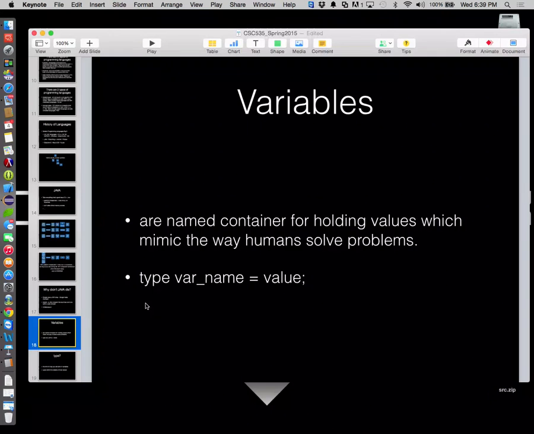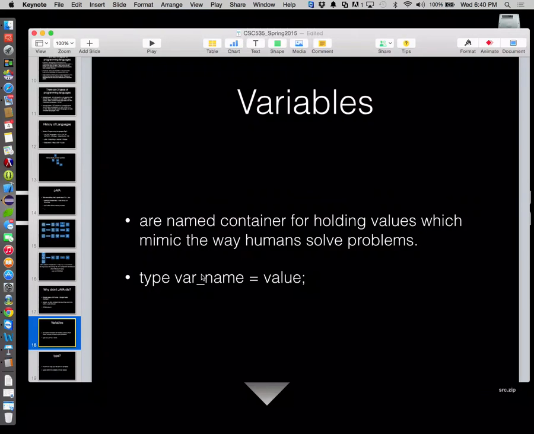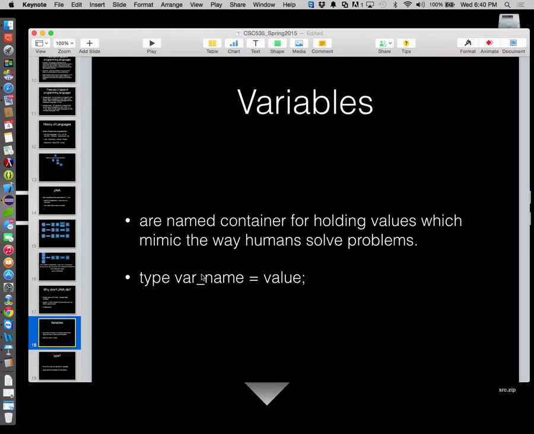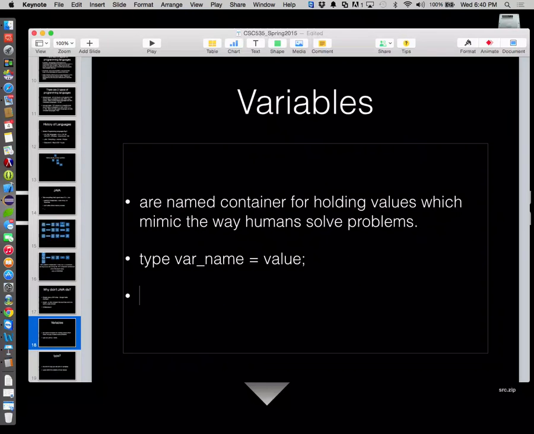So again, for variables, syntax is you put the type first, followed by the variable name. Whatever you want to name the variable probably should be something expressive. So for instance, if you are storing in a container in your head your name, maybe you name that variable my name. Okay? So variable names should be expressive.